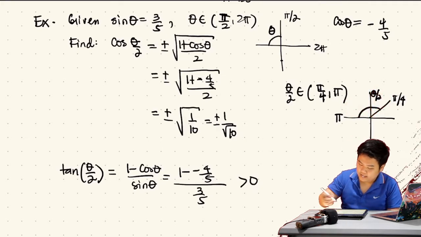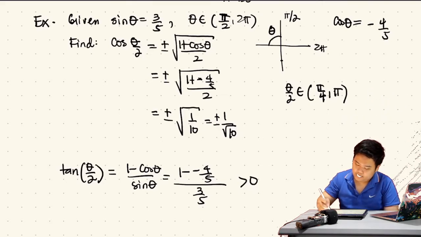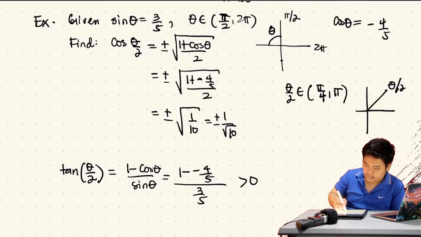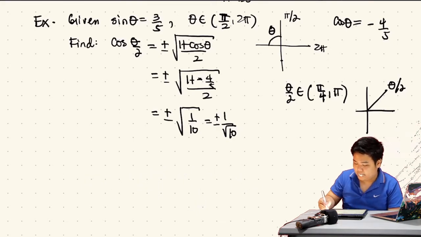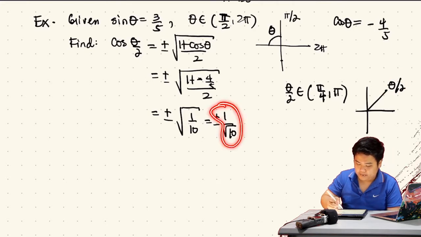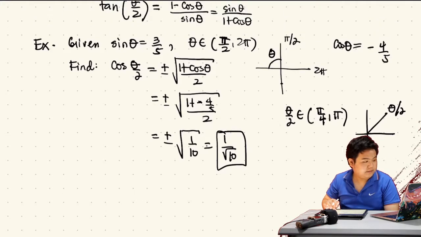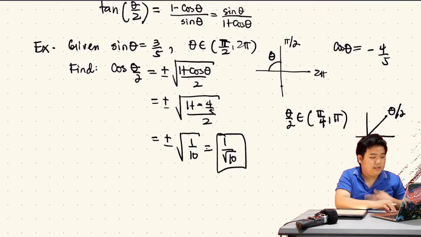Okay, so doon natin dine-decipher yung sign ni theta over 2. Okay? So, dapat positive si cosine theta over 2 kasi nalaman na natin na ang theta over 2 is in quadrant 1. So, positive dapat yan. Okay. Akala ko may maling question.